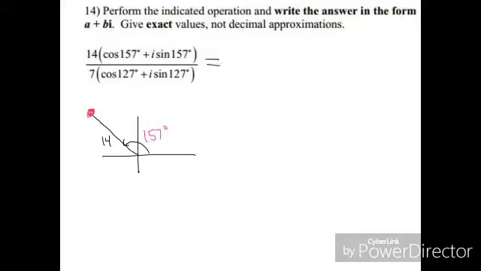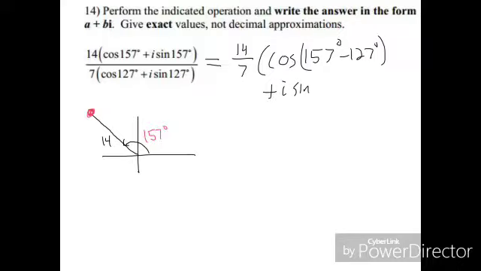What we really need to do, with De Moivre's theorem, is you divide the magnitudes of these complex numbers, or the absolute values, the 14 and the 7, the r values, and then you subtract the angles. I don't have enough room, plus i sine, same thing, 157 minus 127. And then we simplify. So make sure the top one minus the bottom one. So you subtract angles, you divide magnitudes.